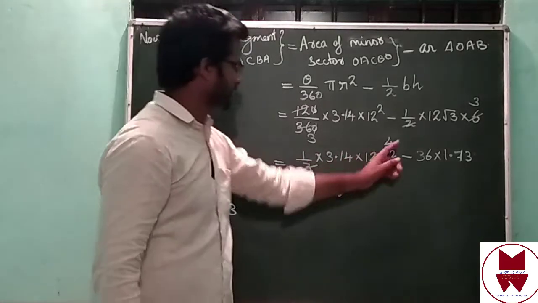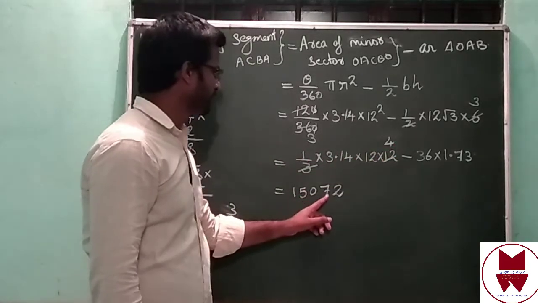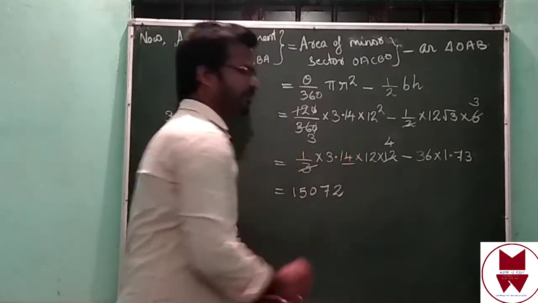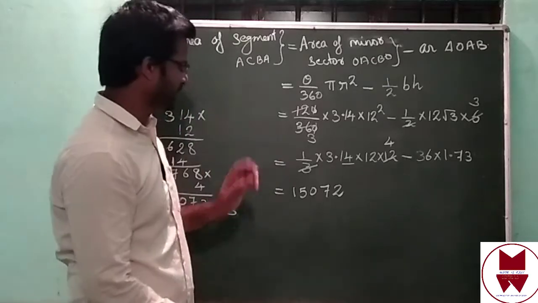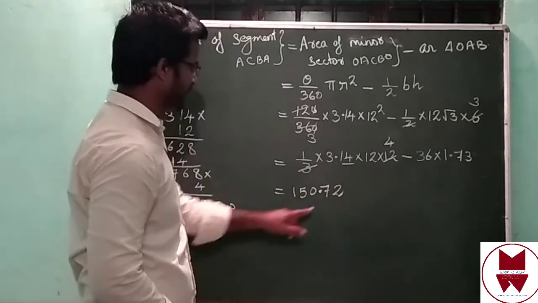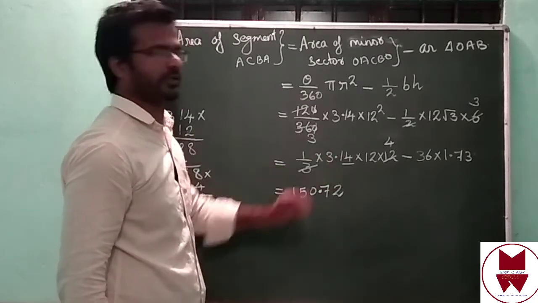If you multiply all the numbers, you will get 15072. Then check 3.14: after the point, two numbers are there, that is 1 and 4. That means in the answer also, after the point we need two numbers, 7 and 2. I put the point here because of this 1 4.